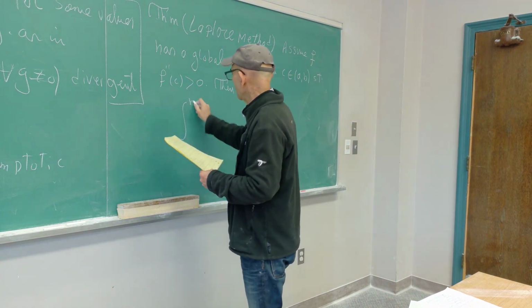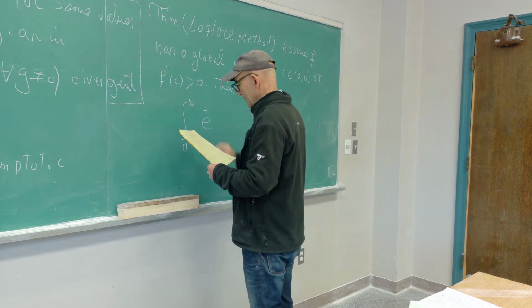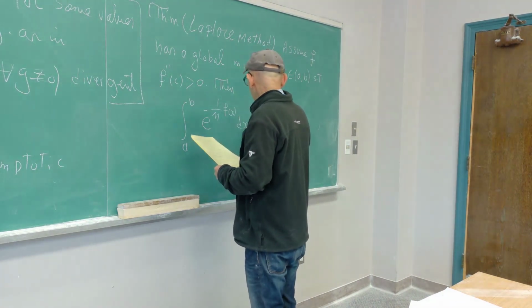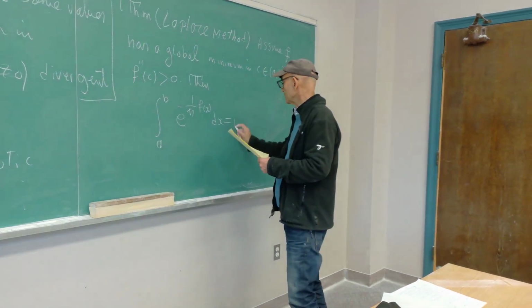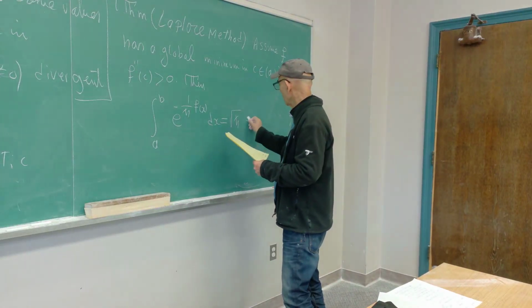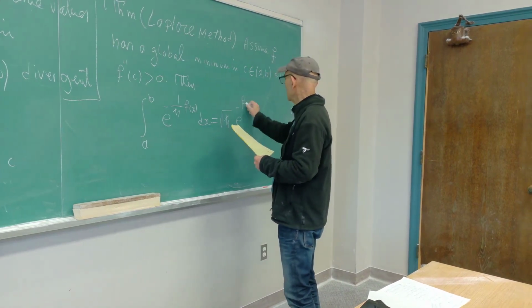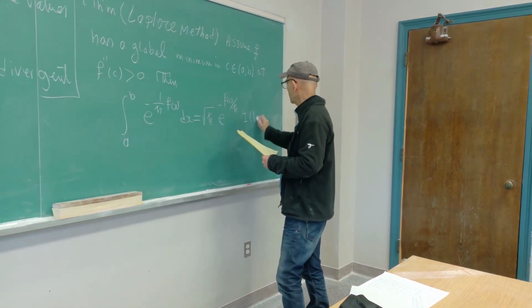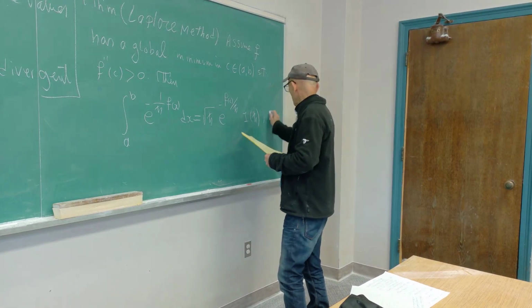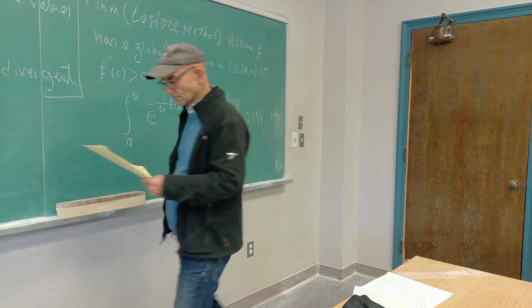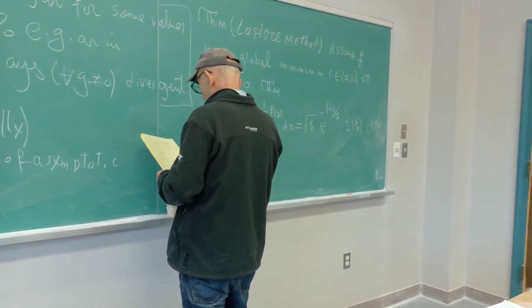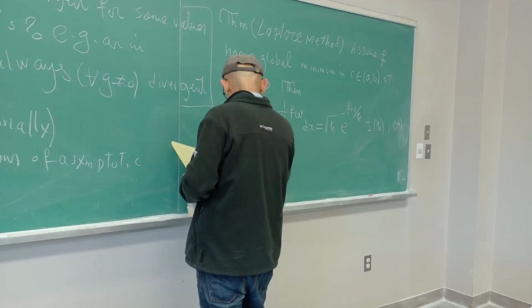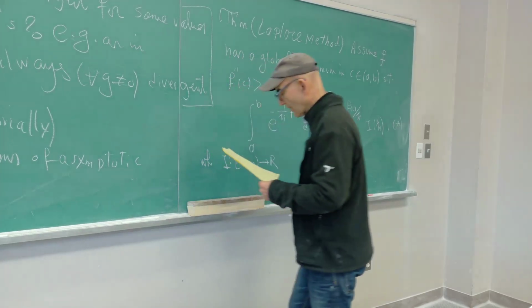Then the integral from a to b of exponential of minus 1 over h bar f of x dx is equal to root h bar, exponential of minus f of c over h bar, times I of h bar, where I from 0 to infinity to R is smooth.